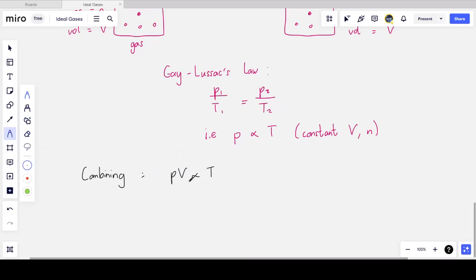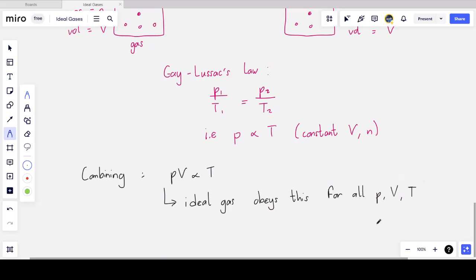PV proportional to T. This proportionality defines an ideal gas. So ideal gases obey this proportionality for all pressures, volumes, and temperatures, provided the number of moles stays constant.